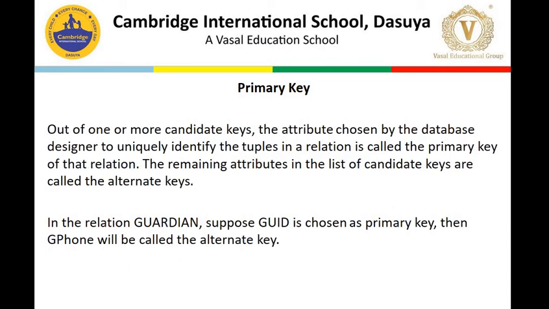The primary key ensures the uniqueness of records. Like in the guardian table, we have guardian ID working as the primary key. In that case, the other candidate key, like the guardian phone, becomes an alternate key.